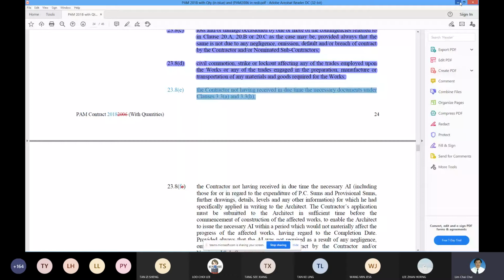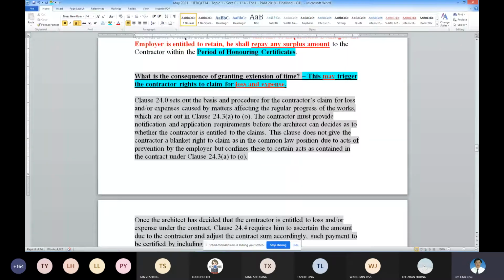Okay. So what I'm trying to say is this: not all extension of time granted allows the contractor to claim for loss and expense. So you need to study clause 23.8a to Y and then compare with clause 24.3a to O. See, A to Y under the EOT and then the relevant event 24.3a to O is shorter.